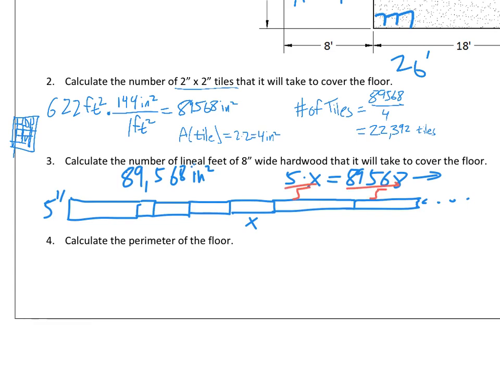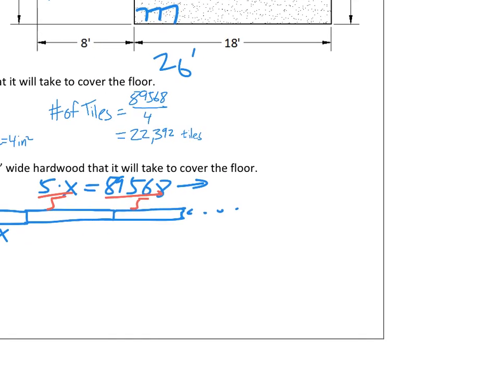And that comes out to be 17,913. Just 0.6 inches. So that's inches. The question asks us for square feet, so we need to divide that by 12. So we'll convert that. 12 inches is 1 foot.